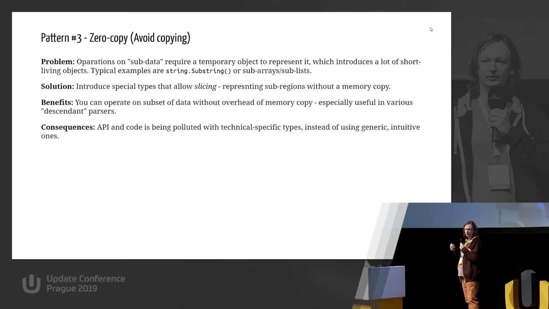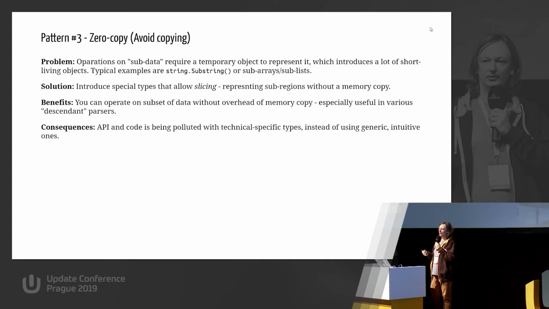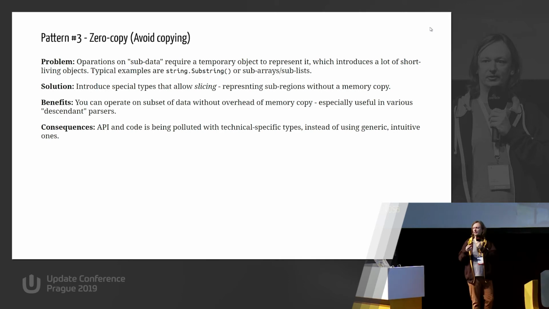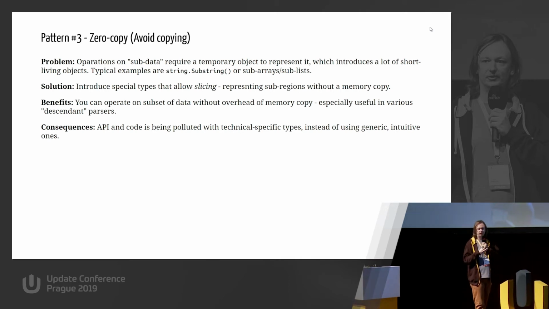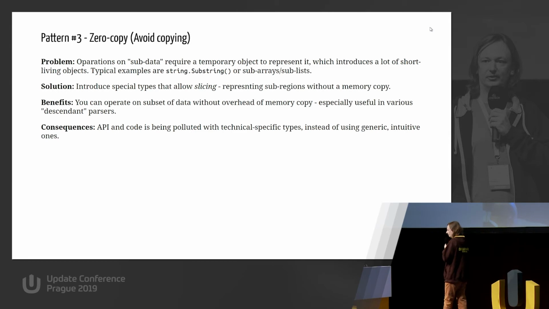Obviously, there is a drawback because now the API is polluted with all these strange spans and memory. It is not so clean. We don't have strings. We don't have arrays. We have those strange spans now everywhere. So it is a very technical thing that now everywhere we see those strange types, but it is a cost.